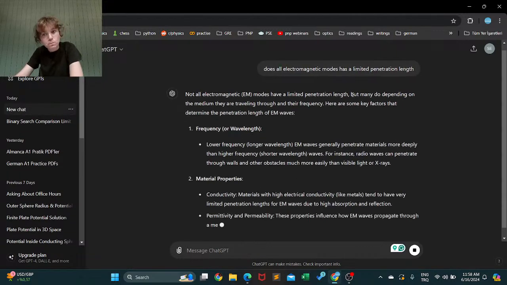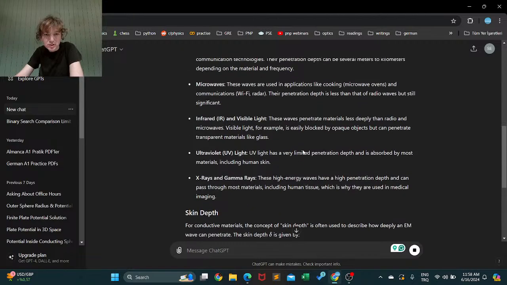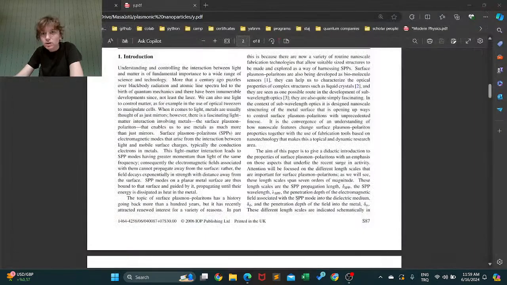Oh, but depending on the medium they are traveling through and their frequency, there are some key factors that determine penetration length of waves. But I said modes, GPT. Okay, you know what? We'll get there.